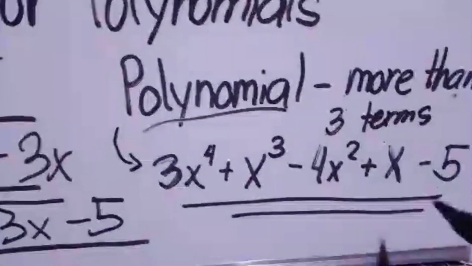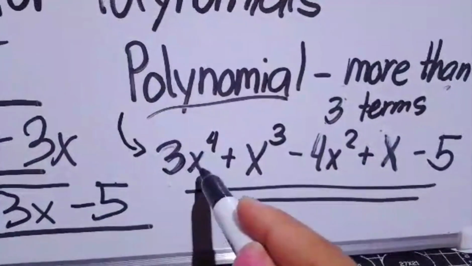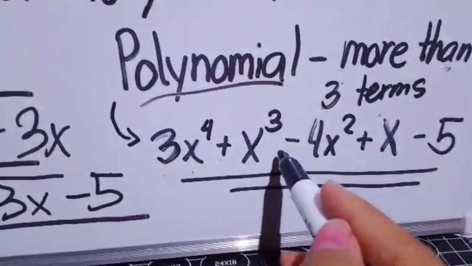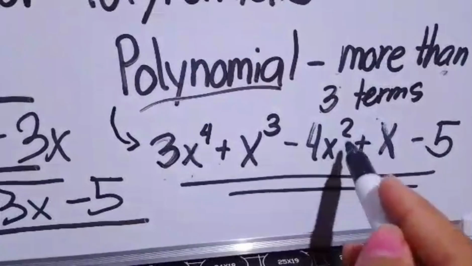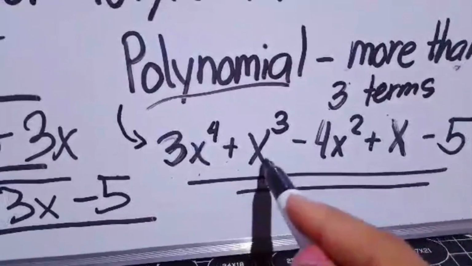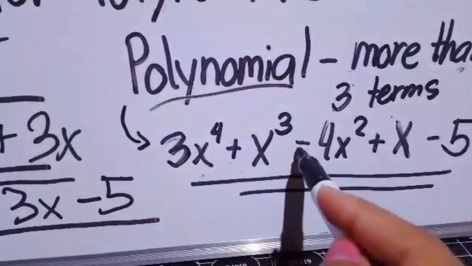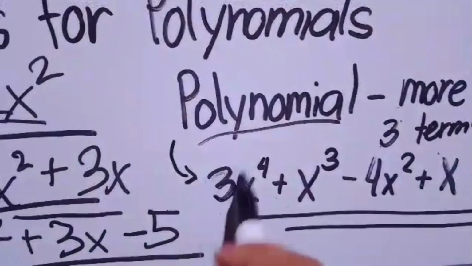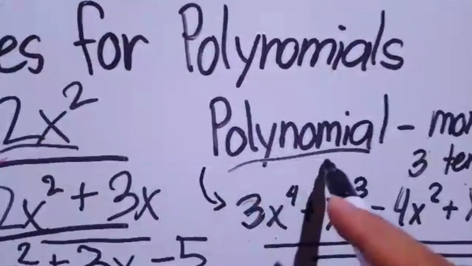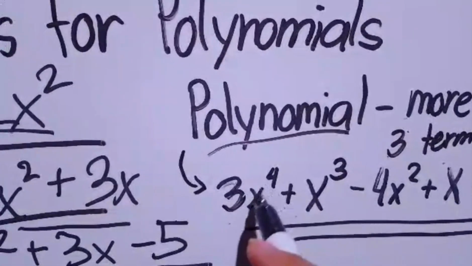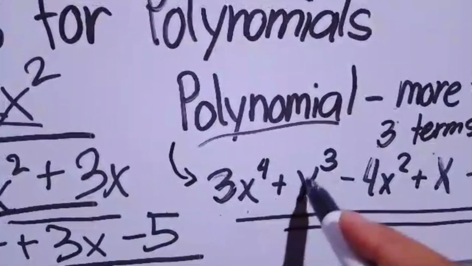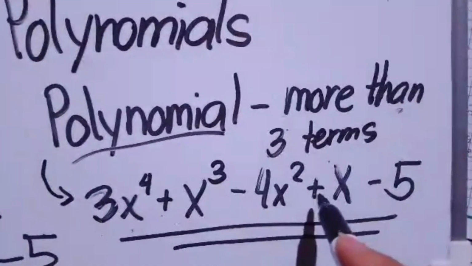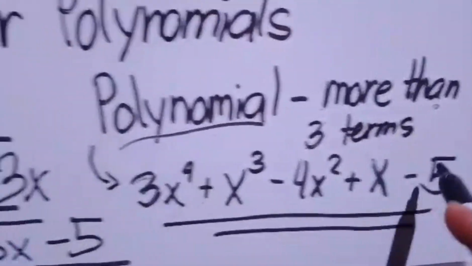For example, 3x to the power of 4 plus 3x cubed minus 4x squared plus x minus 5.